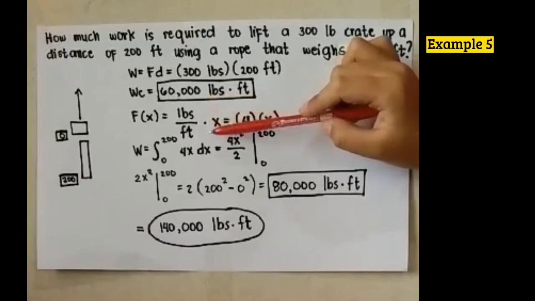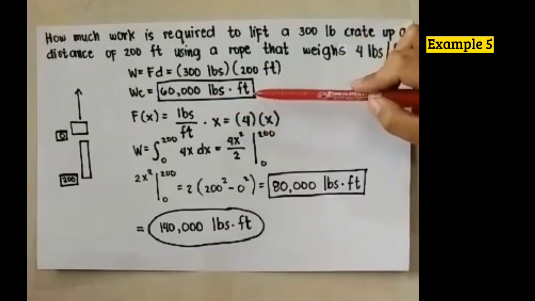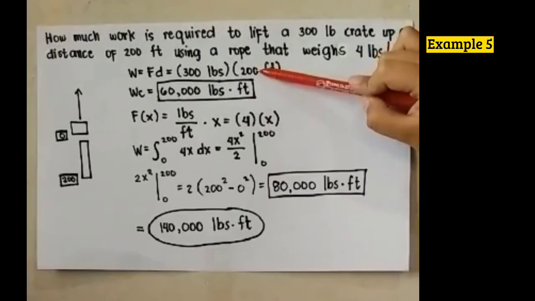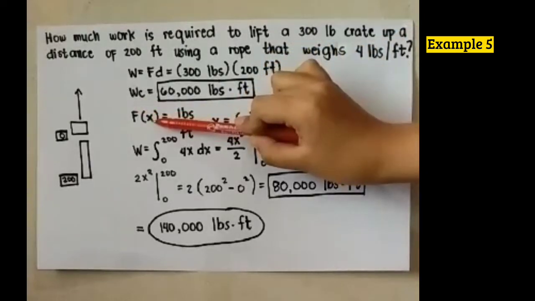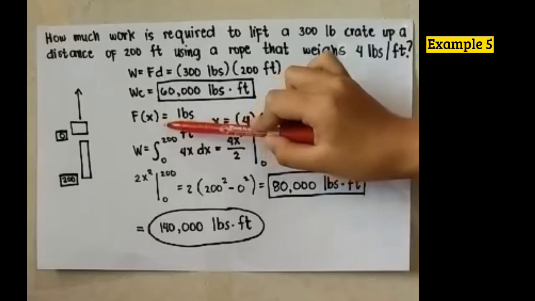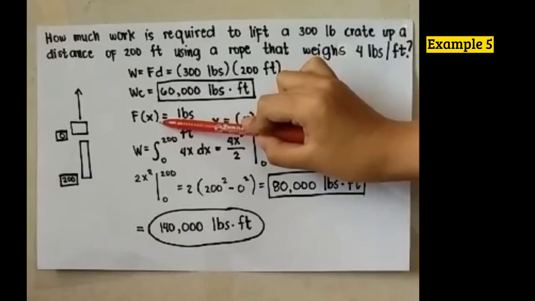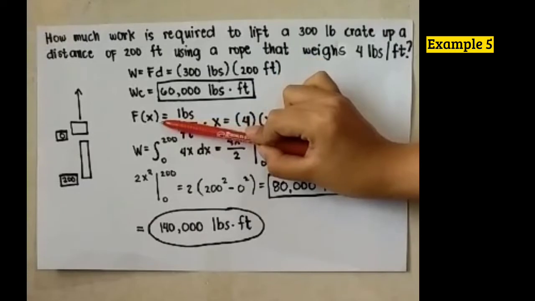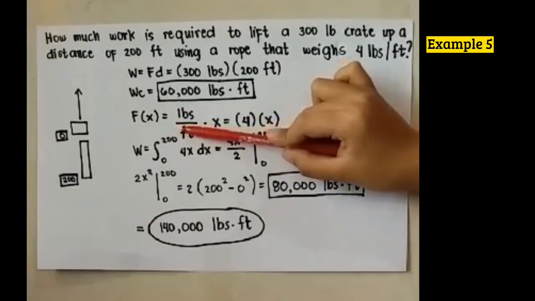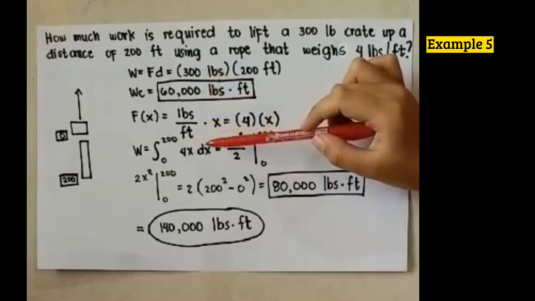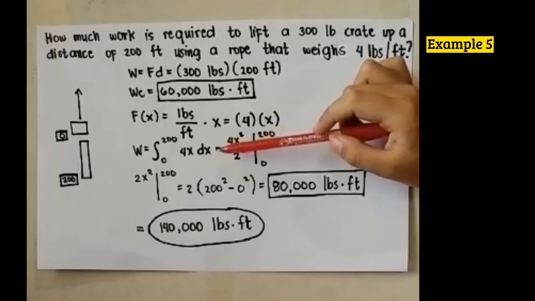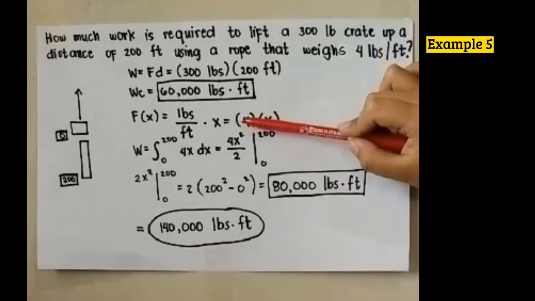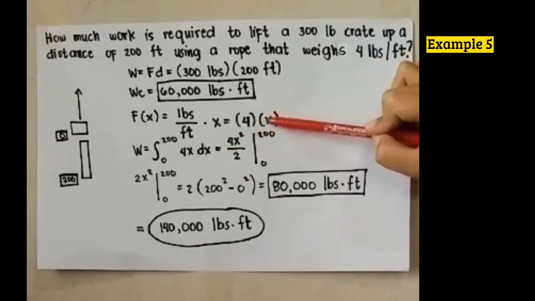Now we need to calculate the work required to lift up the rope by a distance of 200 feet. First we need to write an equation for the force that's required to lift up the rope in terms of x. It's the weight density in pounds per foot times the distance that we're lifting it up. So the equation is 4 pounds per foot times x, or simply 4x.